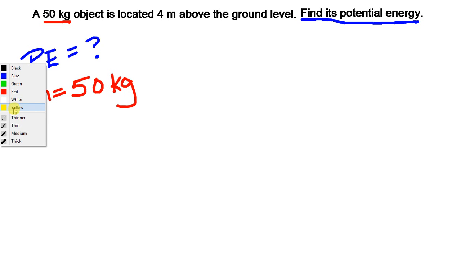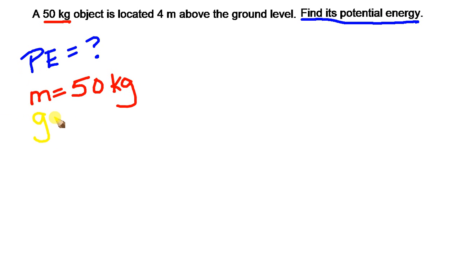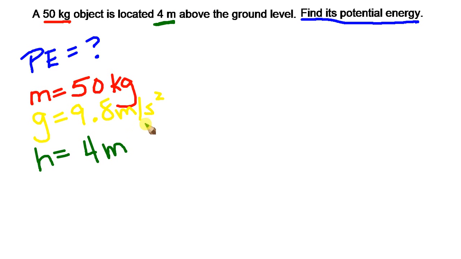The next part is g, which is always the same, 9.8 meters per second squared. Finally, the last thing that I have to identify is my h. And h has a unit of m, or meters, so I'm going to look for that m, and I'm going to see that there's a 4 right before it, so I must know that my height is 4 meters.